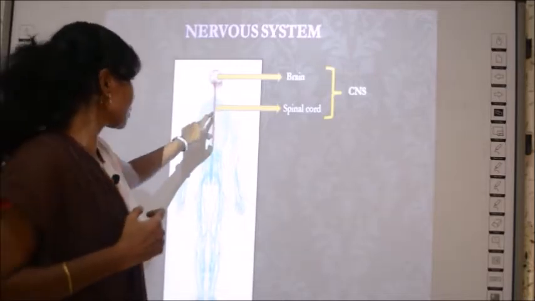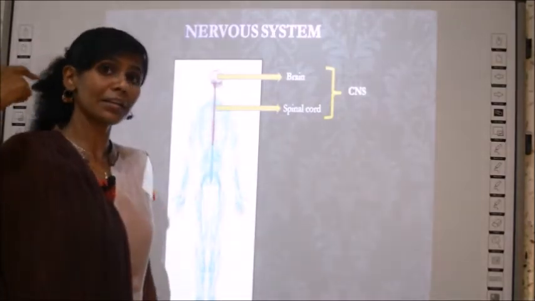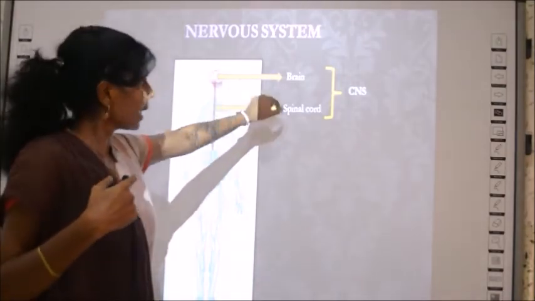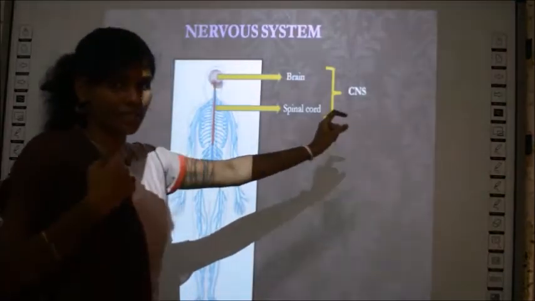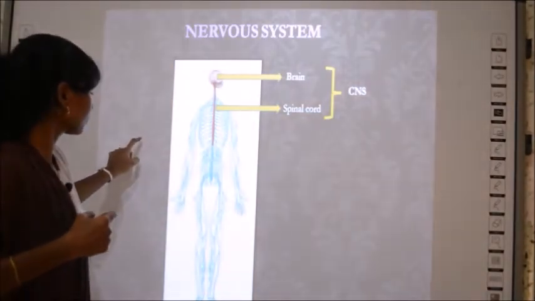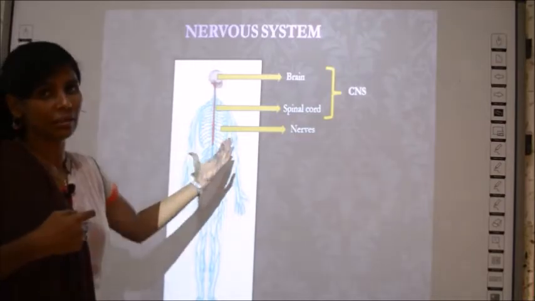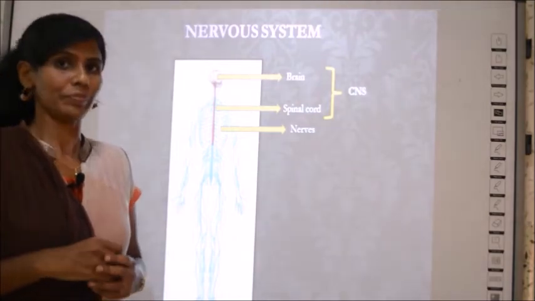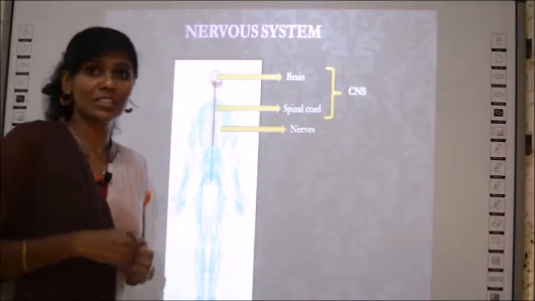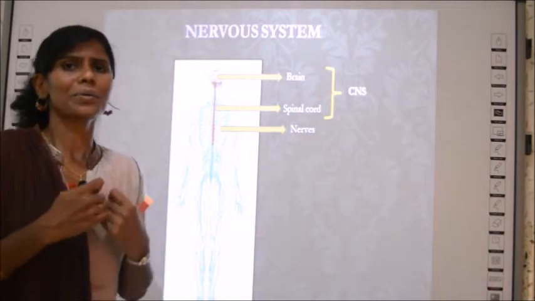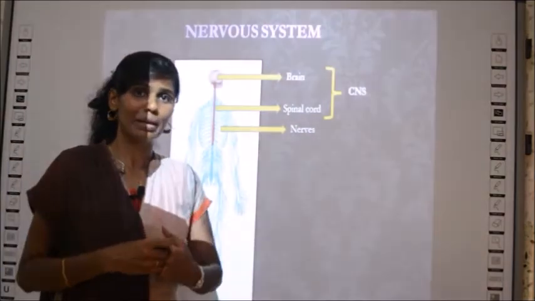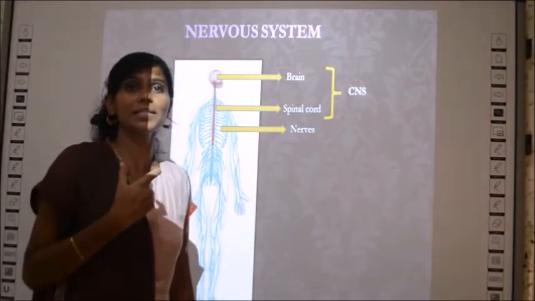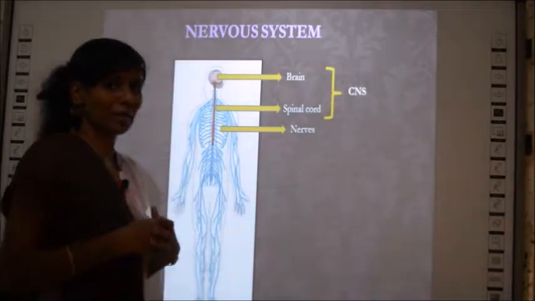The spinal cord, I told you, is the long rod like a bone from the neck till the hip. So the brain and the spinal cord make up the central nervous system. And then the peripheral nervous system includes all the nerves of your body, right. There is one more term in your book called cranial nerves. What is that? Cranial nerves are the nerves of your face. If your face has nerves, then they are called cranial nerves.